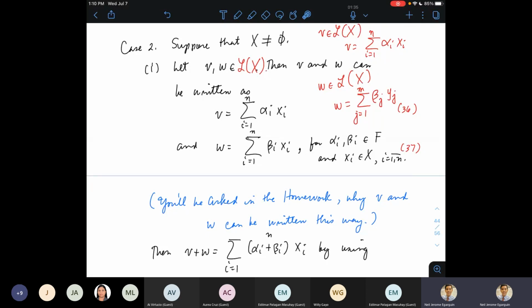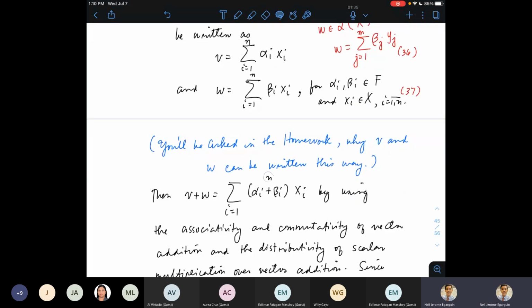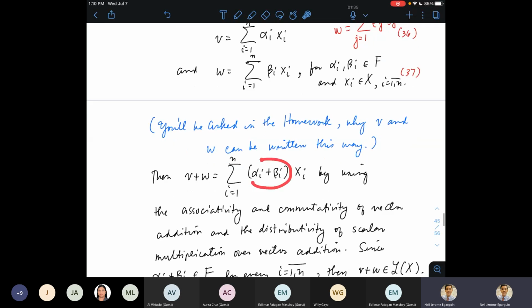So, but I hope that's clear, right? Okay. Now let's move on with the proof. Suppose we already justified that 36 and 37 are right. Then if I add them, because again, my goal is to show that curly L of X is closed under addition. So I added V and W, and then I also added the 2 sides of the equation, and I got this. And then by closure, alpha I and beta I are also scalars, right?